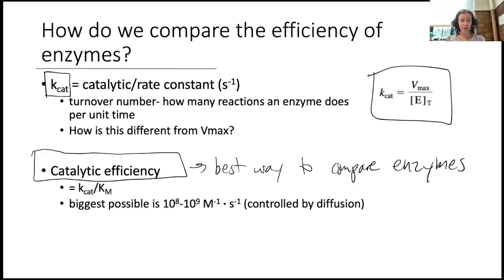So catalytic efficiency is equal to Kcat divided by Km. The largest possible catalytic efficiency is between 10 to the 8 and 10 to the 9 per mole per second because this is controlled by diffusion. And so an enzyme cannot possibly be faster than how fast the substrate can get to that enzyme.